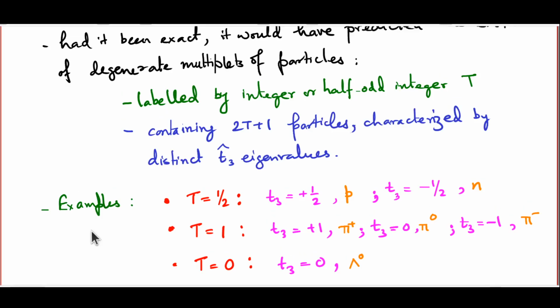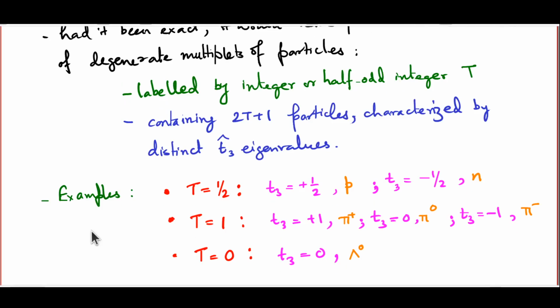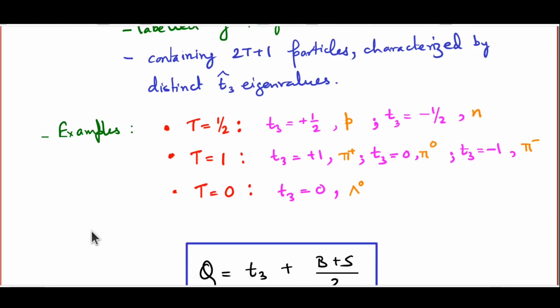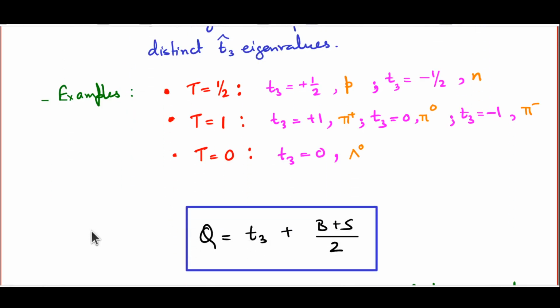Now, twice the average charge of a multiplet goes by the name hypercharge, Y. And it turns out that this hypercharge is equal to the baryon number plus the strangeness of each and every particle of a multiplet. So, we end up with this formula, the so-called Gell-Mann-Nishijima formula, Q equal to T3 plus (B plus S) by 2.